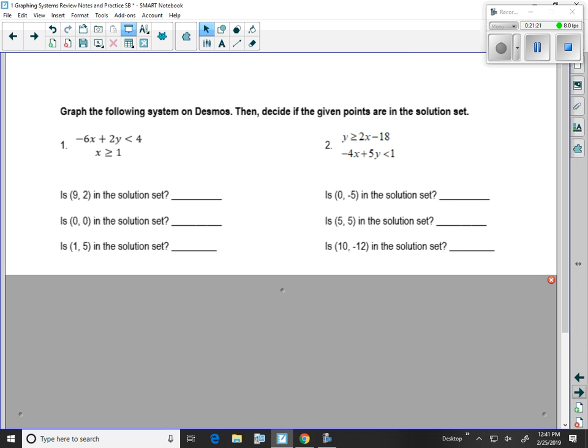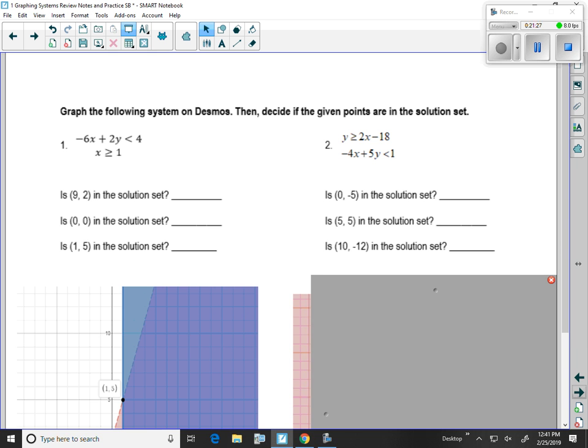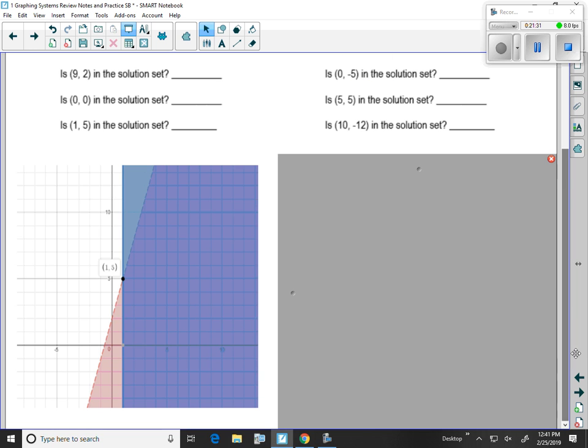I'm not going to have you graph these, although you should be able to, but it's going to be easier on Desmos. Just put it in. Remember you can use on your keyboard greater than, less than. Do you guys want to see me put this one in? Okay. It should look like this.